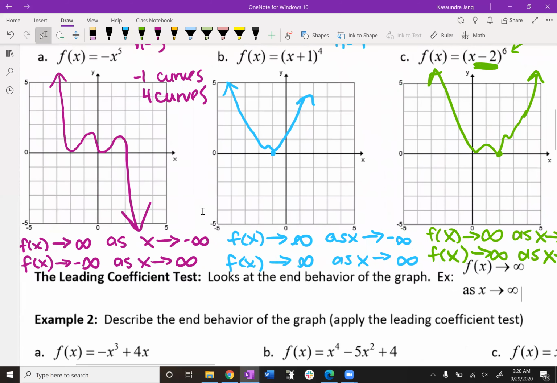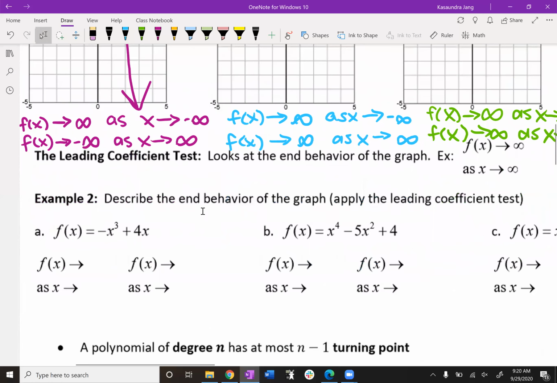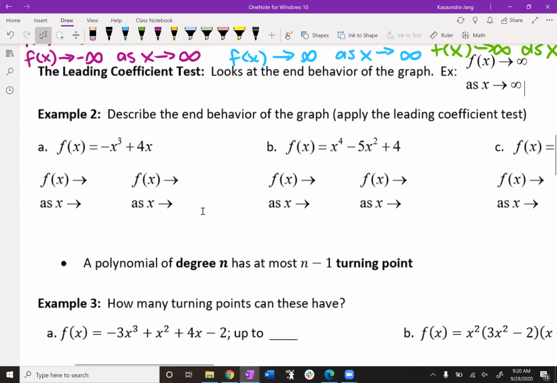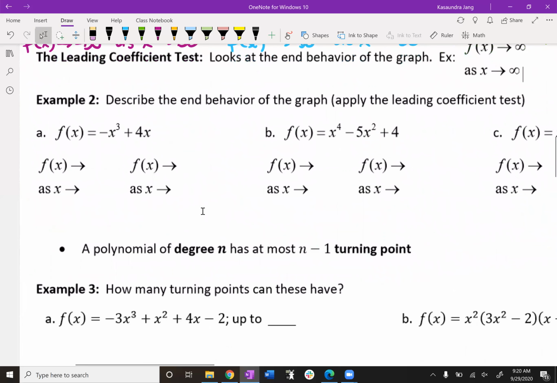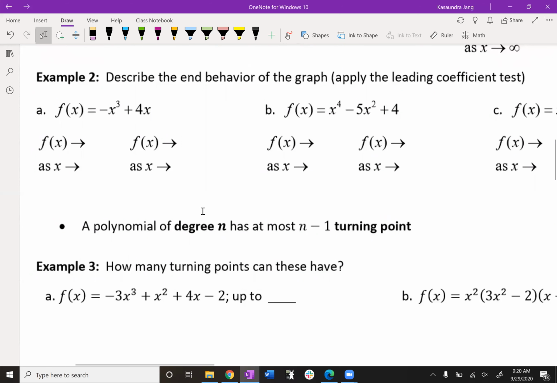Okay, what if you don't see the graph? What if you just get this equation? They want to know the end behavior just based off of this equation itself. So I have to recognize a couple different things. I have to recognize the degree.